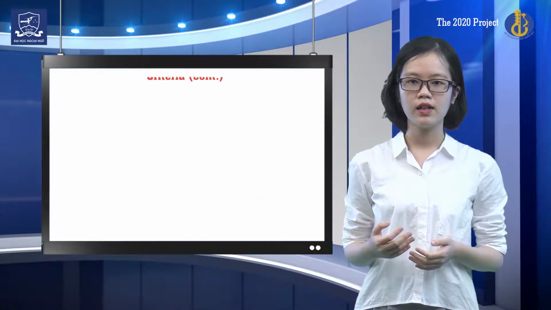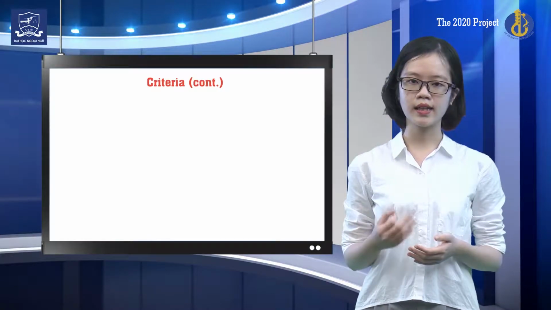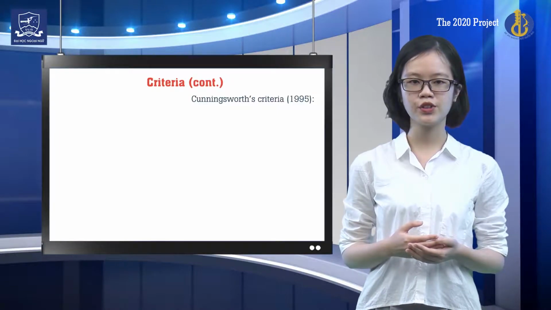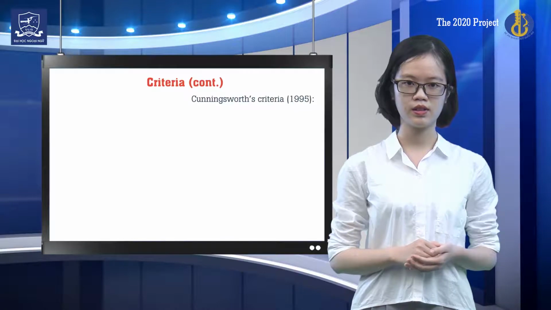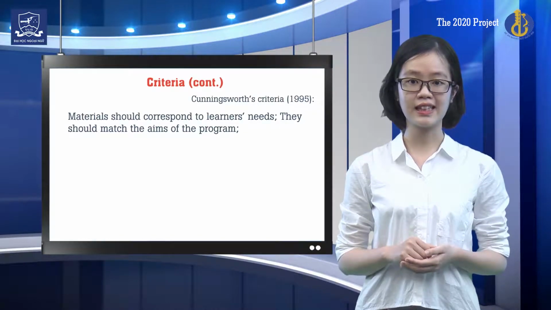Speaking of criteria, I would like to introduce to you the evaluating criteria by Cunningsworth in 1995. Here are some of the important points that need to be taken into consideration. First, materials should correspond to learners' needs.